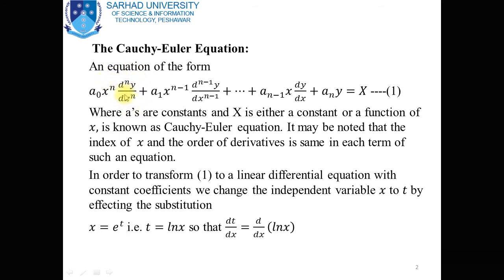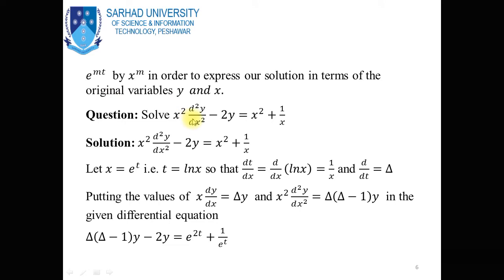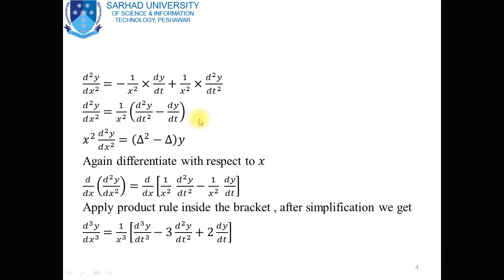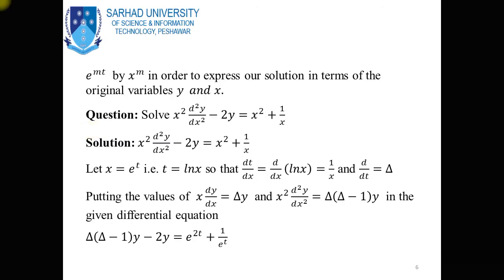So in our problem we obtained x square d square y divided by dx square, and this is the last term at the left hand side. At the right hand side you see the function of x, which will be either a constant or a function of x. Now in this problem it is the function x square plus 1 over x.